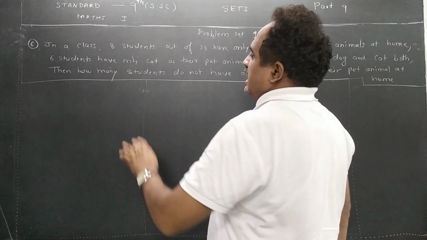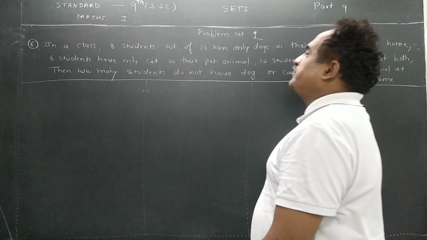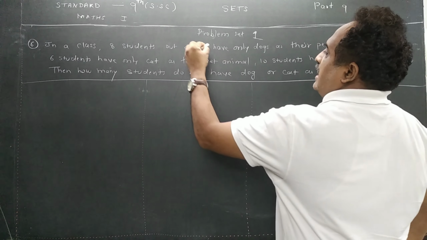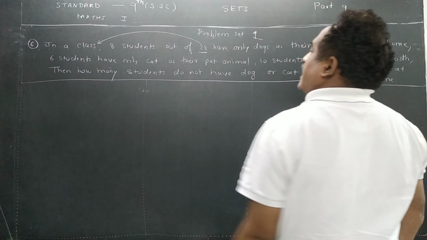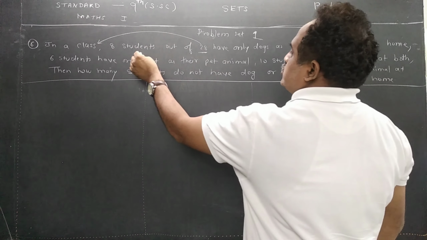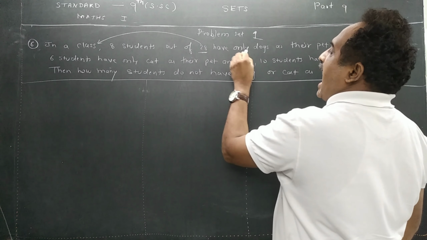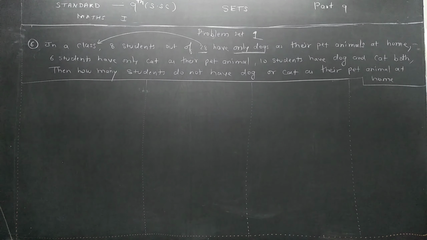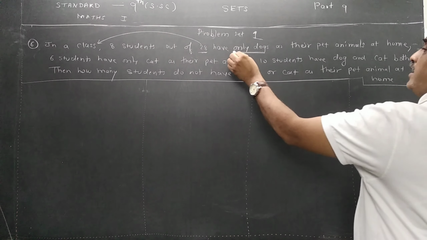In a class, 8 students out of 28. Means in a class there are 28 students. Again, 8 students out of 28 have only dog as their pet animal. कल भी हमने किया था, only. This is a very important word.